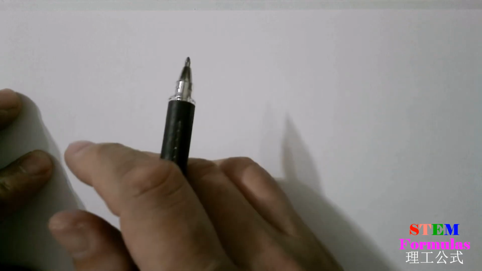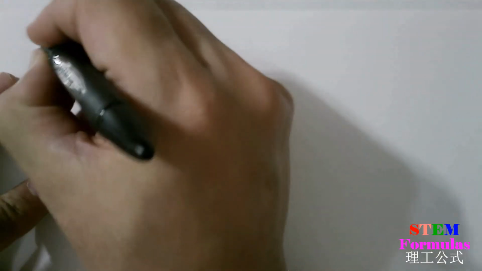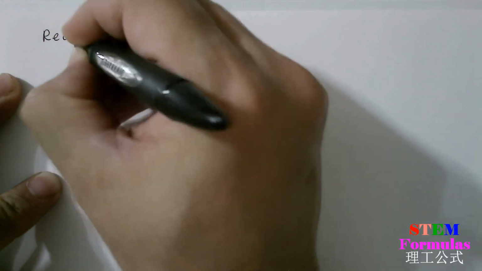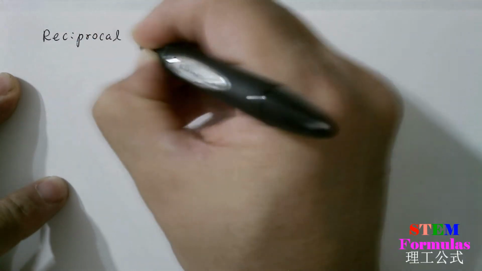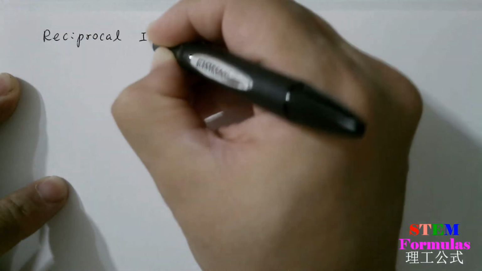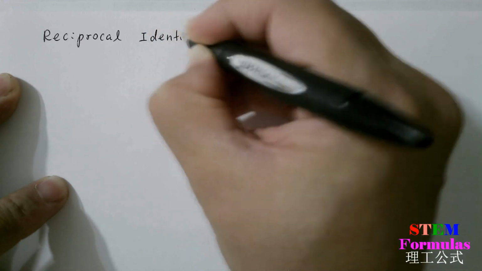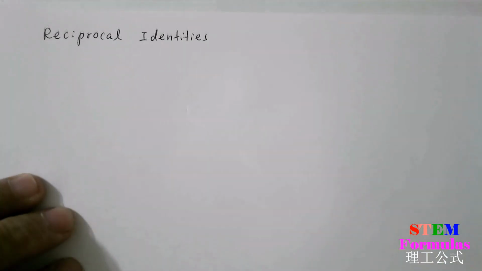We can memorize reciprocal identities by the same diagram.